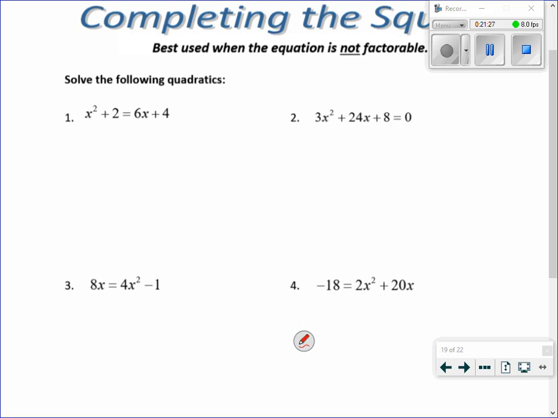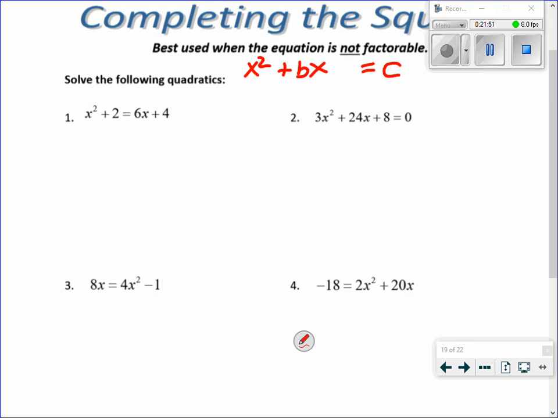We're going to do the same idea here. We always group our x squared and that bx term together, and put the constant term on the other side of our equal sign, so we can complete the square with just that x squared and that bx value.